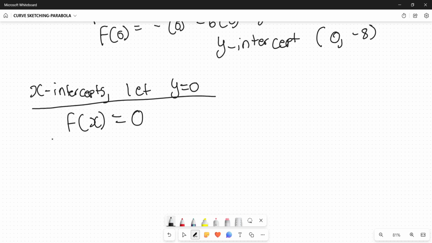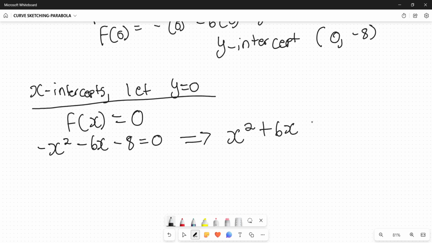Now f of x is equals to negative x squared minus 6x minus 8 equals to 0. Now this is equivalent to positive x squared plus 6x plus 8 equals to 0.